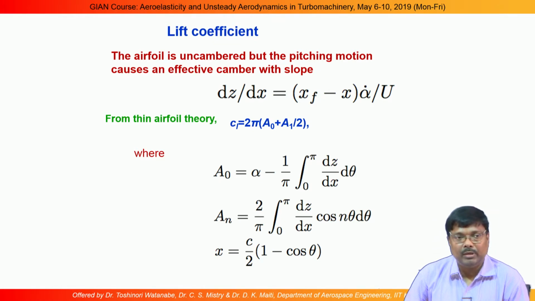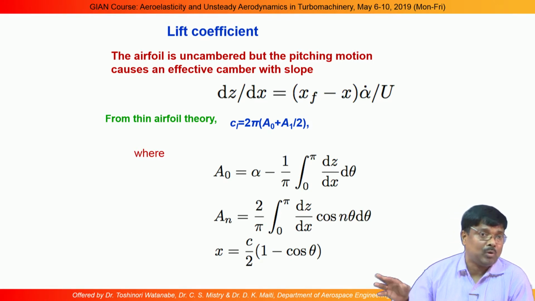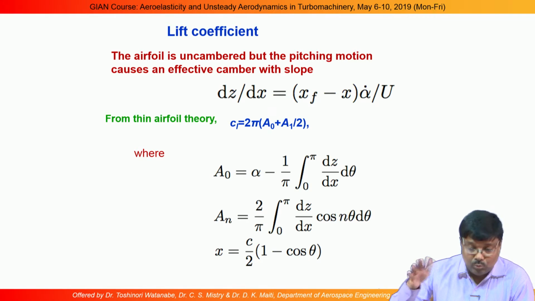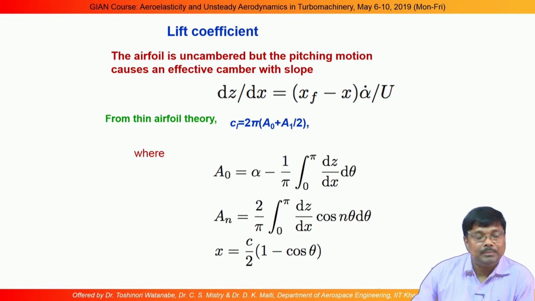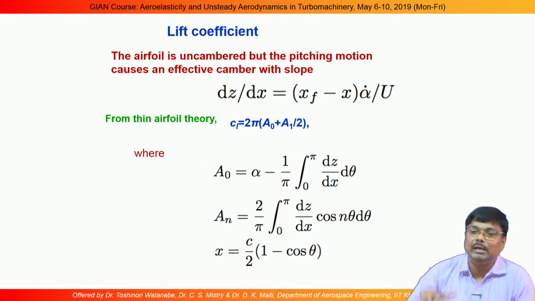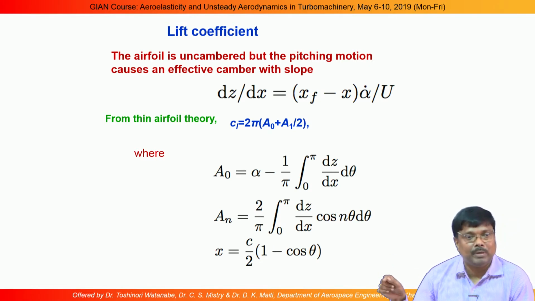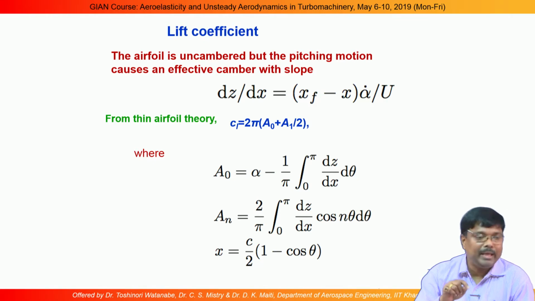Here one important part: when the quarter chord point changes to the 3/4 chord point, the aerodynamic load, due to this alpha dot, will have a displacement. In addition to alpha, we will have an additional angle of attack coming due to the relative velocity of the aerofoil section, the h dot and also alpha dot, because at the quarter chord point we will have h plus xf minus x alpha dot by u.